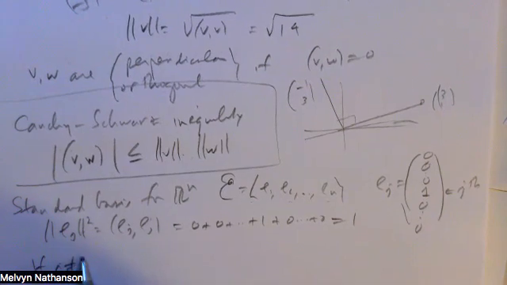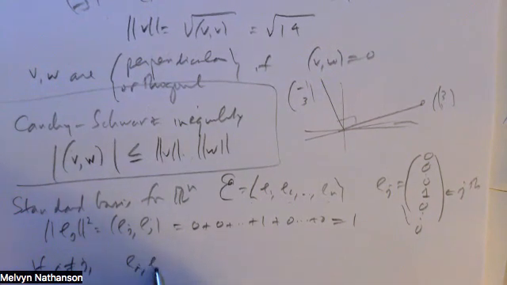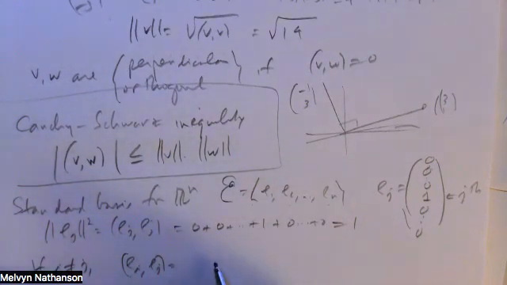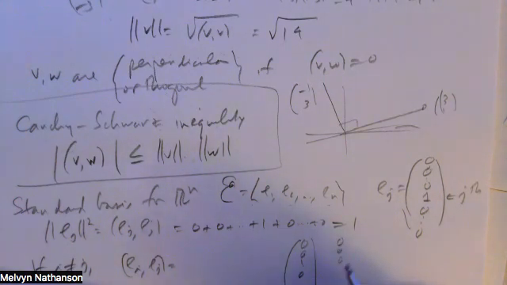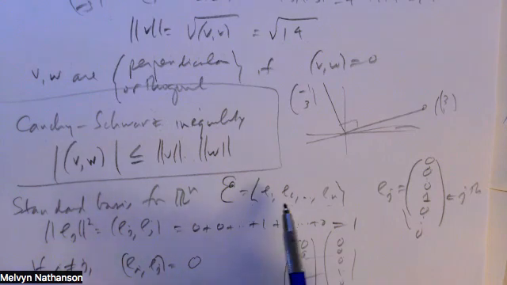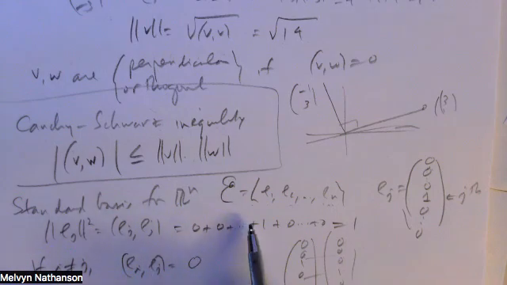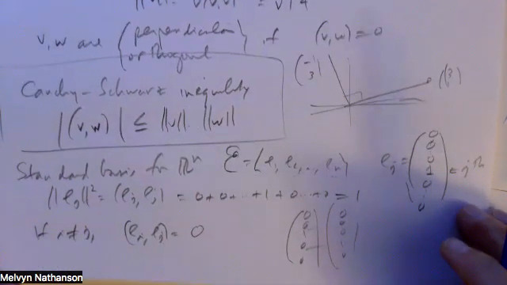And for i different from j, if you take the inner product of Ei and Ej, you're taking the inner product of two vectors where there's only a single 1 and every other coordinate is 0, but the 1s are at different places. So when you take the sum of the products of the coordinates, you just get a lot of zeros and it adds up to 0. So this basis for Rn is a basis of mutually orthogonal, or mutually perpendicular, vectors, and each vector has length 1.